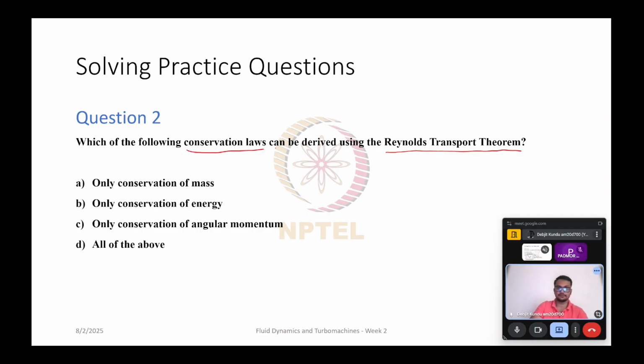Is it option A, only conservation of mass? Option B, only conservation of energy? Option C, only conservation of angular momentum? Or option D, all of the above?